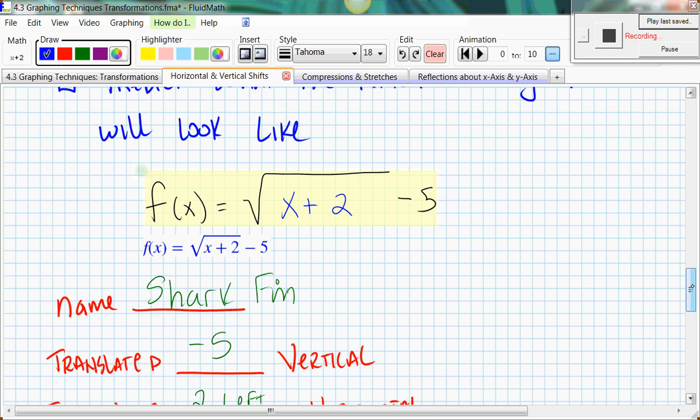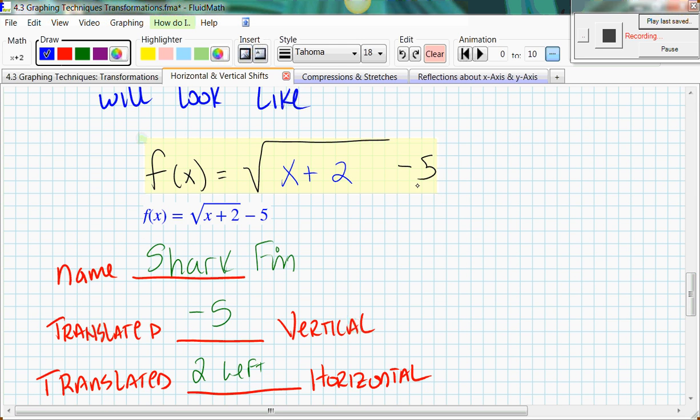Since the negative 5 is outside of my function, it's going to be 5 units down. So the vertical will be 5 units down, which is why we wrote a negative 5 right there. And since the positive 2 is inside the function, it's going to be 2 units to the left. So we would expect this graph to be the shape of a shark fin, 5 units down and 2 units to the left. We will graph it right now to verify that.